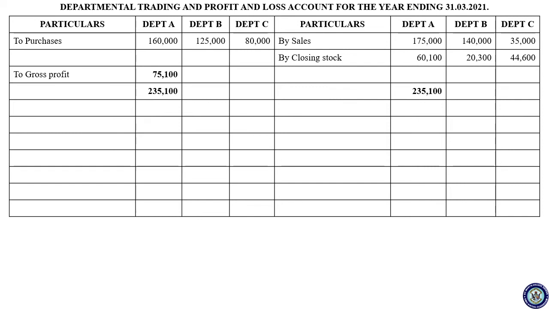Now we'll go to department B. Now department B, the debit total is 1,25,000. The credit total is 1,60,300. It means the credit side is more, the income side is more. So it is gross profit. So now you write the total, that is 1,60,300.